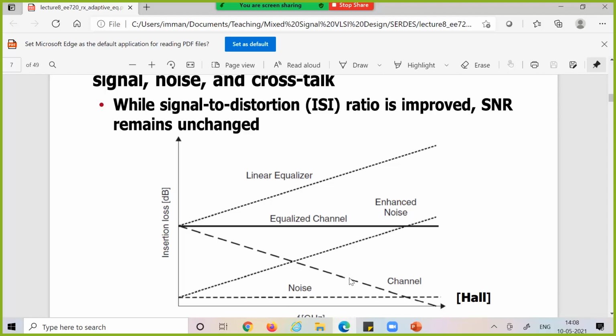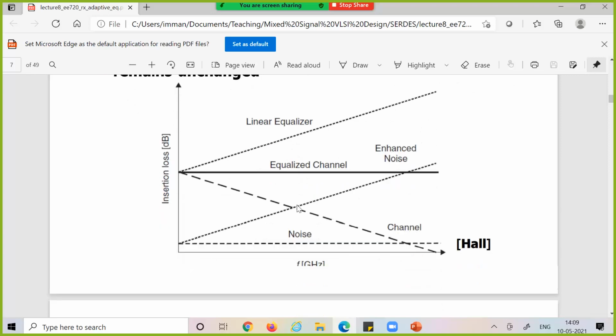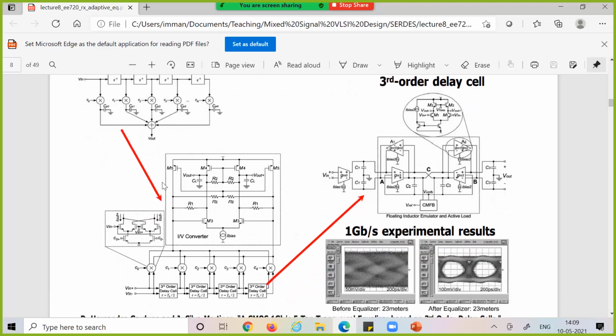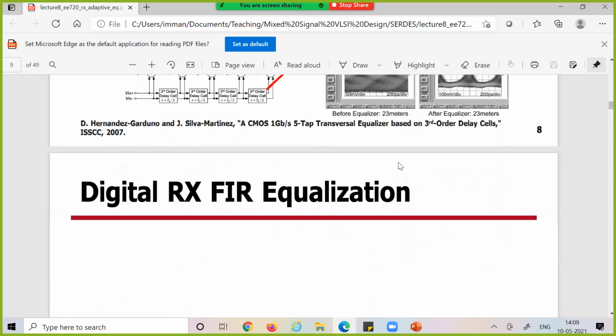Okay, the channel is down, the noise is here. When you put an equalizer which does not discriminate between your signal and noise, your linear equalizer's response is like this. The equalized channel is like this, but the noise is also increasing. Right? So your SNR at these places becomes bad. All right. So although there have been papers with this RxFIR, usually people do not use it. It's a very complex thing to do, and that is not used.